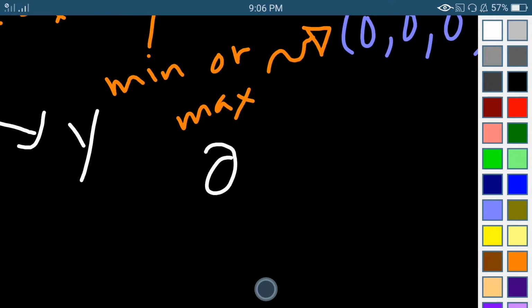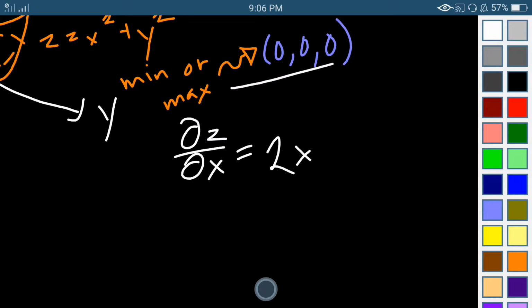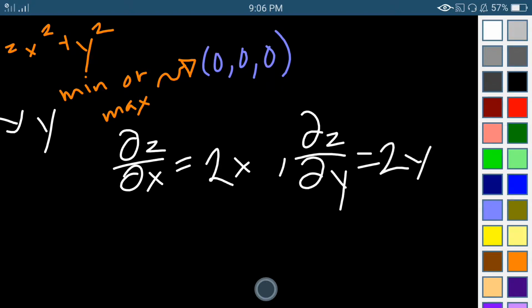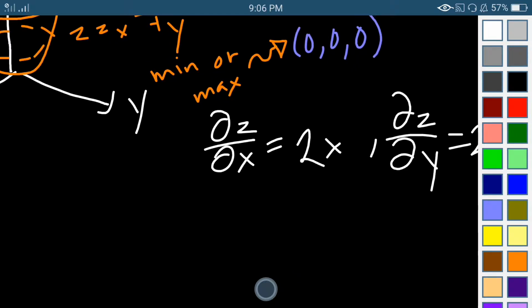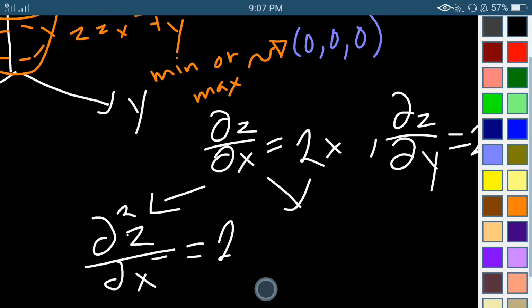So we have dz/dx is equal to, I believe, 2x. Oh no. And dz/dy is 2y. So now this branches off to d squared z/dx squared is equal to 2, and we have this weirdo, the mixed partial xy.